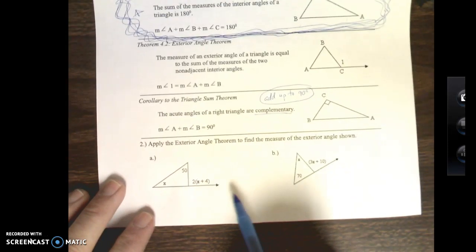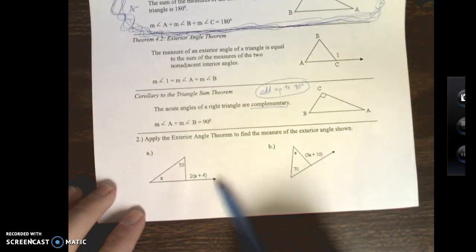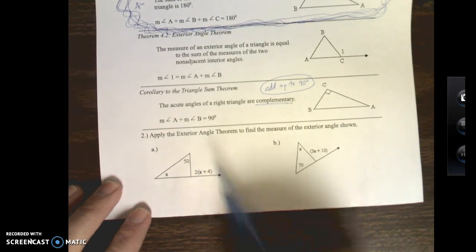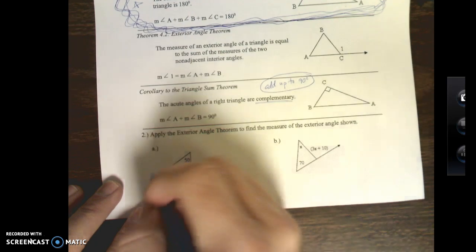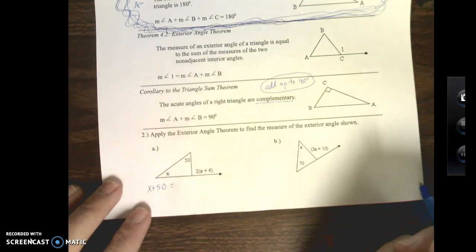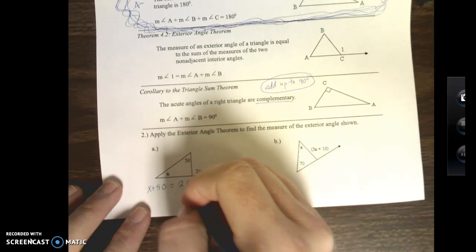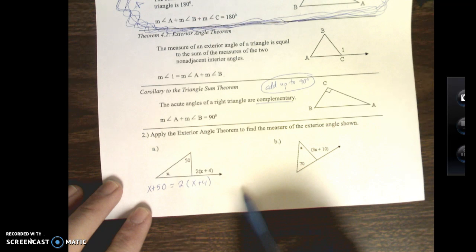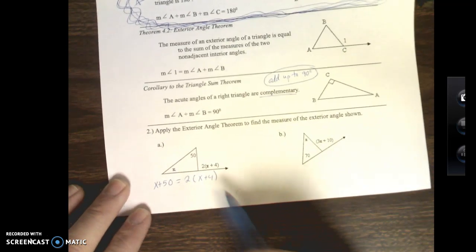I'm telling you guys right now, those of you that are listening on this video, on your next test, you will have one of these problems for sure. The two inside angles, x plus 50, equals 2 parentheses x plus 4, which is the outside. So we just got to solve it.